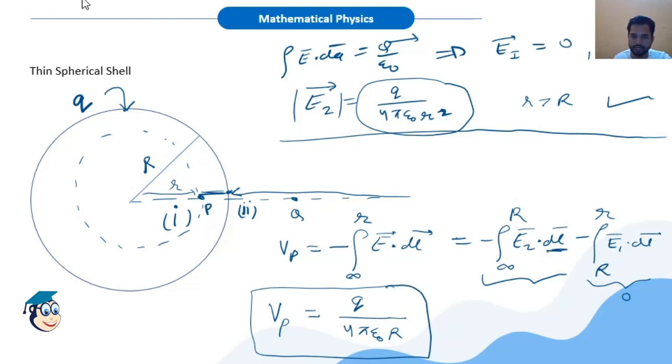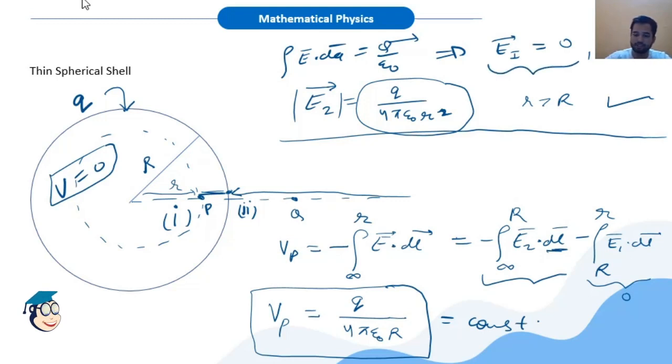This is potential at point P, which can be any point inside the shell, and the potential at P is constant. You can see this is constant. This is not a function of small r. This is a function of capital R. And capital R is a constant for a given shell, and Q is also constant for a given shell. So potential inside is constant, which was as expected, because electric field inside is 0.